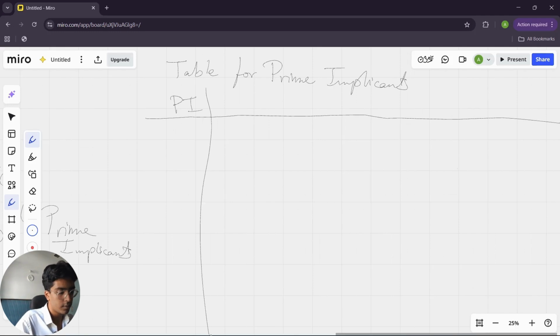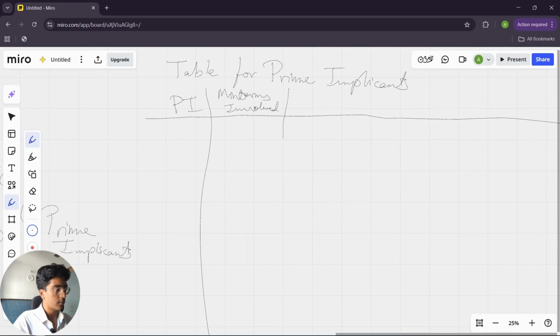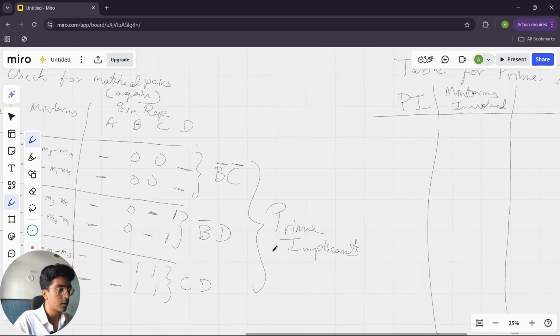Second will be the min terms that are involved. Let's see what this min terms involved means.